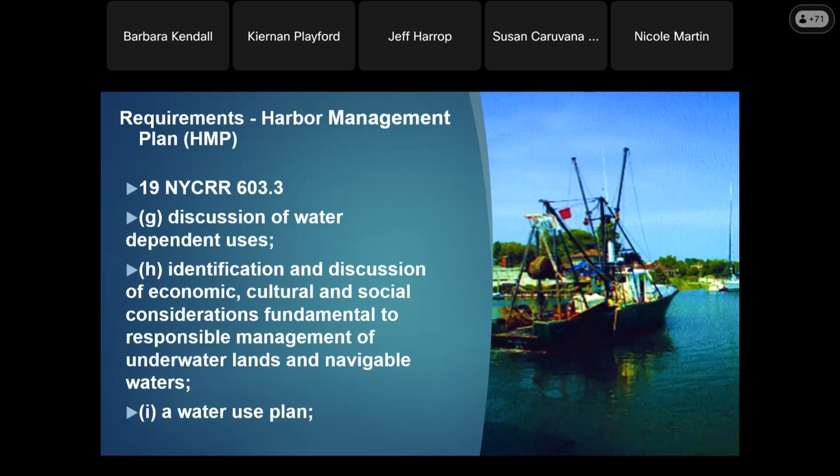But this all flows back to what the vision is for the community. So the analysis should look at those issues and opportunities and look at patterns and changing trends of land use related to water dependent and water related uses, and make sure that the water related or water enhanced uses won't replace the valued working character of your community's waterfront.